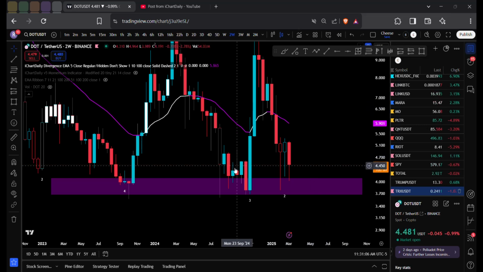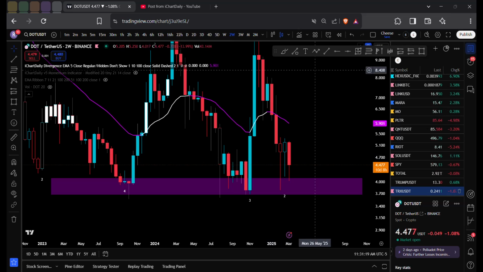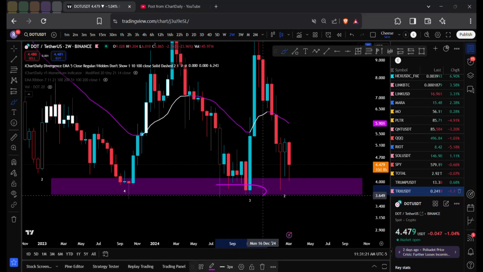So here you can see best time to buy was normal people, $4 to potentially like $4.29, $4.30, even $4.50. Where did the rich get it? $3.90 to $3.60, same thing.